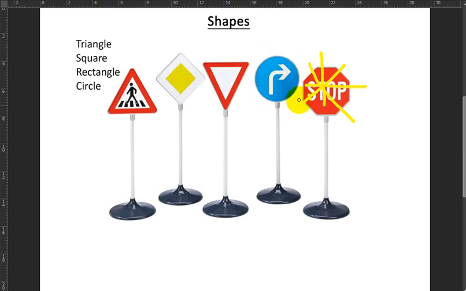Has no sides, no angles. Here we have a triangle, since it has 1, 2, 3 sides and 1, 2, 3 angles. And here we have another triangle with 1, 2, 3 sides and 1, 2, 3 angles.